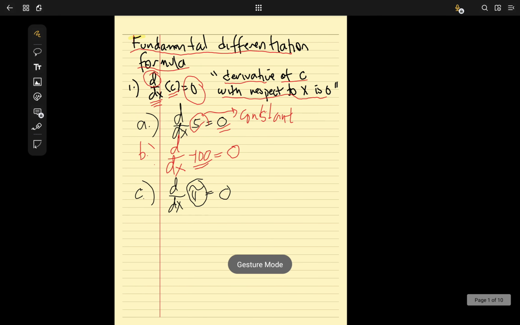To do this, we can first set aside the 2. So we'll have 2 times the derivative of (7x plus 1) raised to 4. I just took out the 2 first. We can do that because in our formula, we can set the constant C aside.